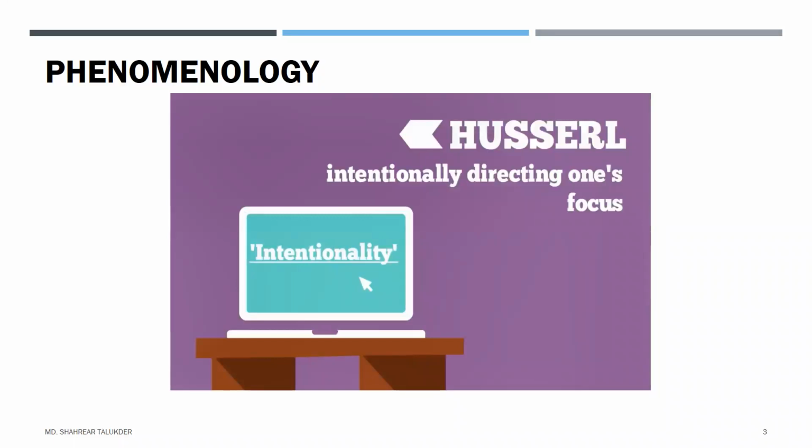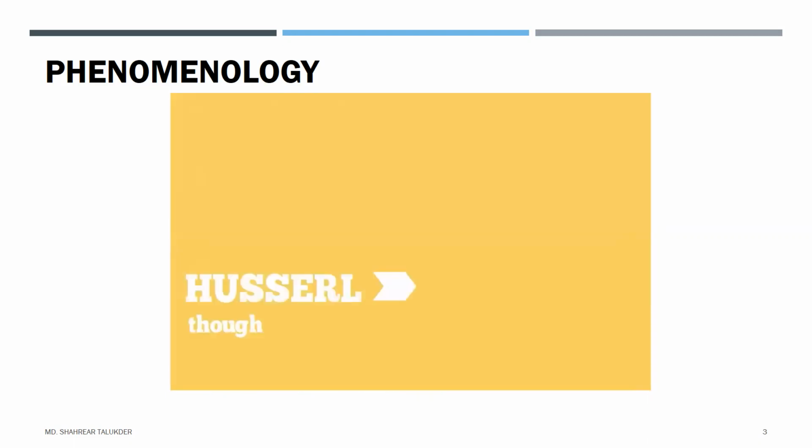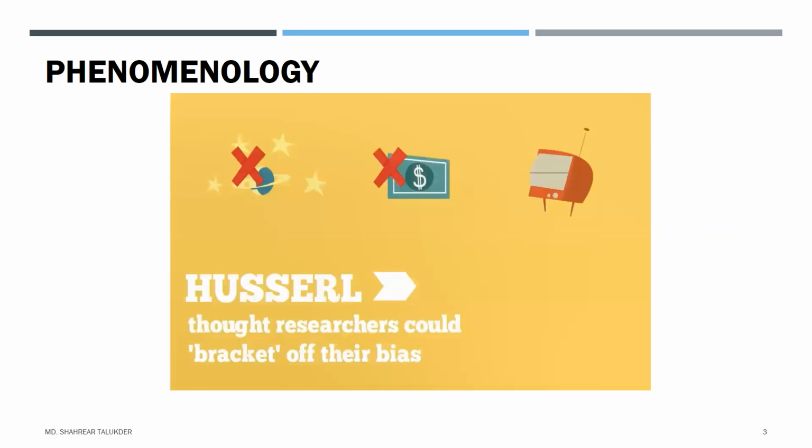For Husserl, to achieve deeper understanding of an object of study, a researcher could quarantine their personal judgments, a process called bracketing, so that preconceived notions do not interfere with the phenomenological inquiry.